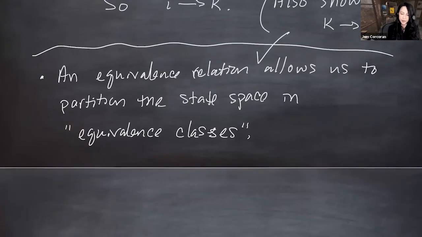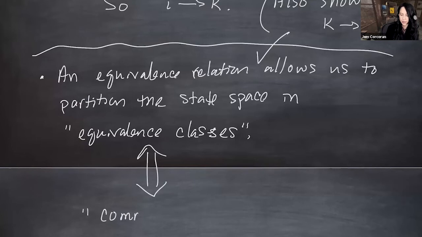And more specifically, since we're basically saying that I and J are somehow equivalent if they communicate, these classes are known specifically in what we're doing as communication classes.